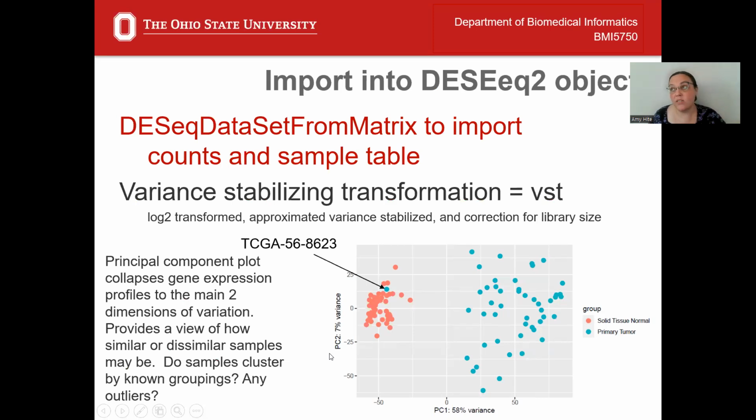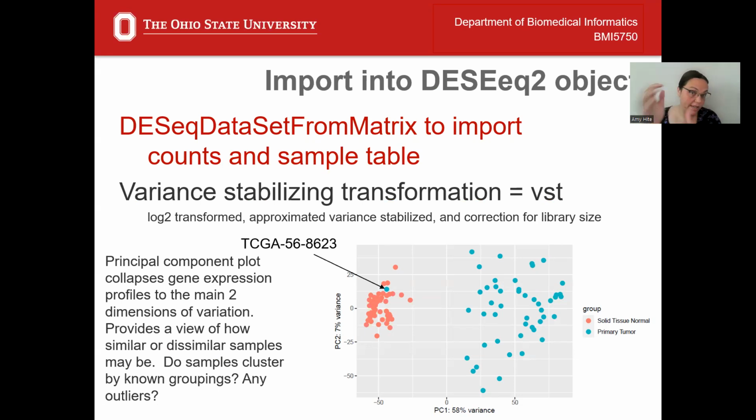You can actually calculate out a whole lot of PCs, like 3, 4, 5, and so on, but usually we just look at PC1 and PC2 and ask, are these two main lines of variation in our data explained by our known sample grouping?